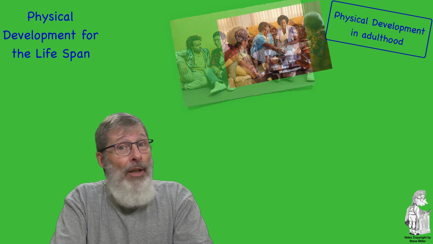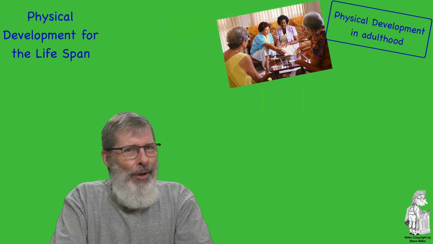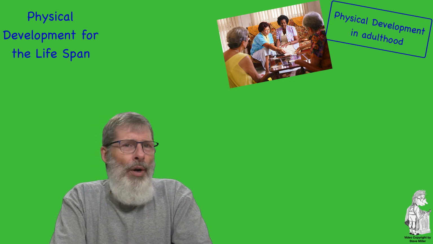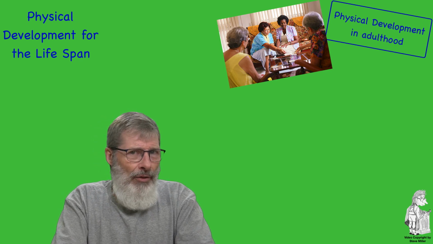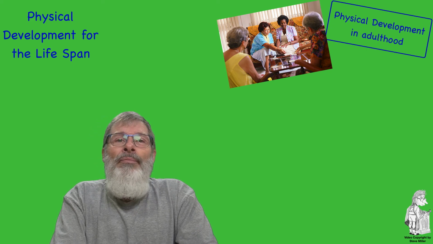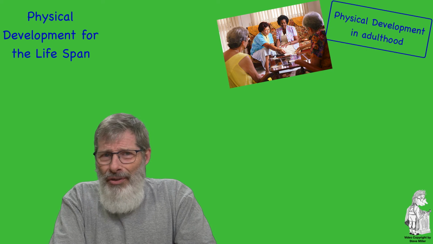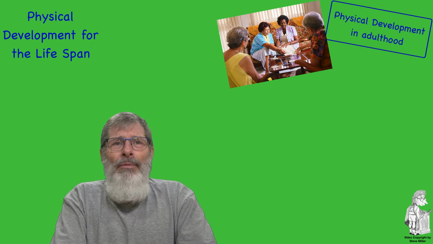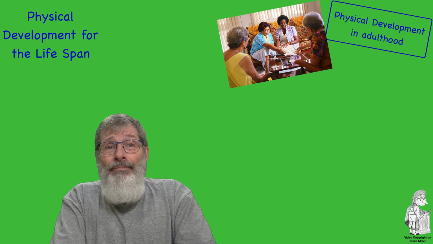Then there's middle adulthood. Here we start to diminish in our strength, and our coordination and stamina are not as good, but the diminishment is minor. Can we still maintain excellent cardio-respiratory condition? Maybe.